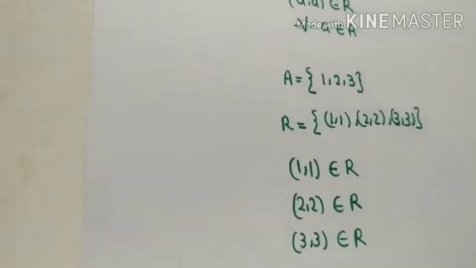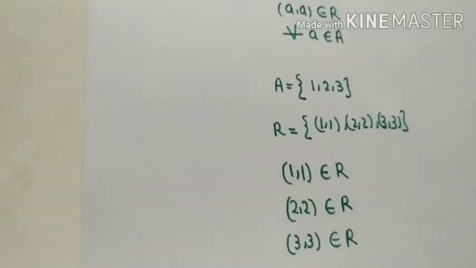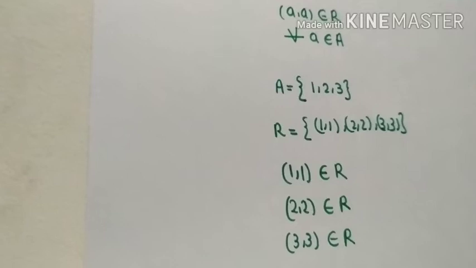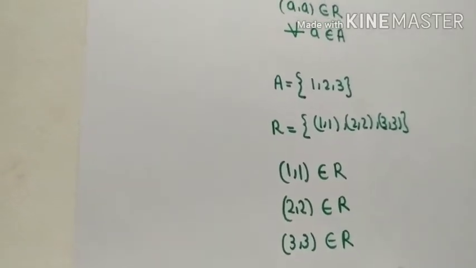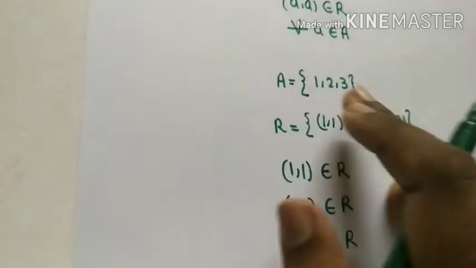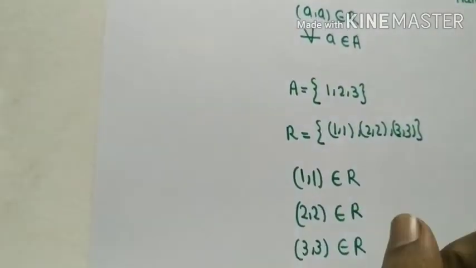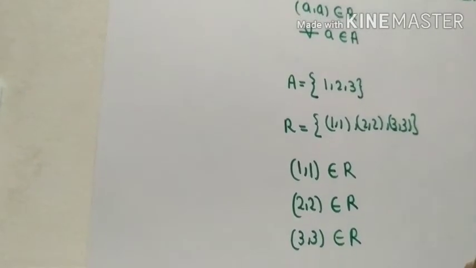Even if one does not lie, that is, if I pick 2 and (2, 2) is not in the given relation, then it becomes not reflexive.